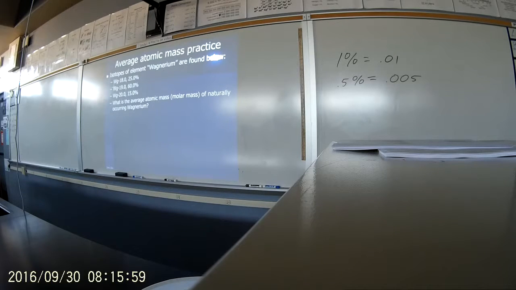And again, calculator, pretty much necessary here. The relative abundance is 25% of the 18 isotope, 60% of the 19 isotope, and the 20 isotope has an abundance of 15%.